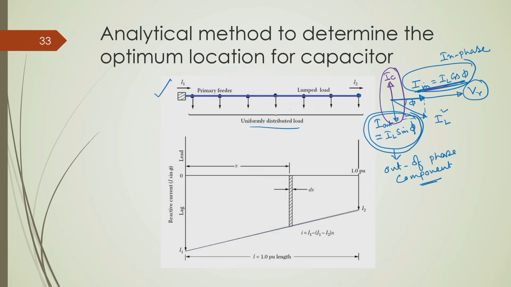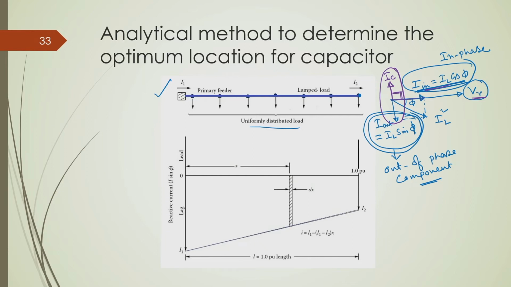This I c will be in quadrature with the supply voltage, assuming the capacitor bank is ideal, and therefore it does not influence the in phase current.